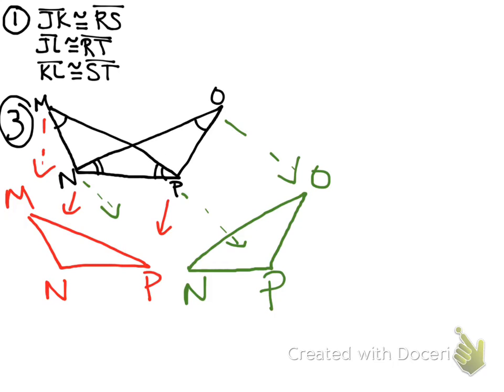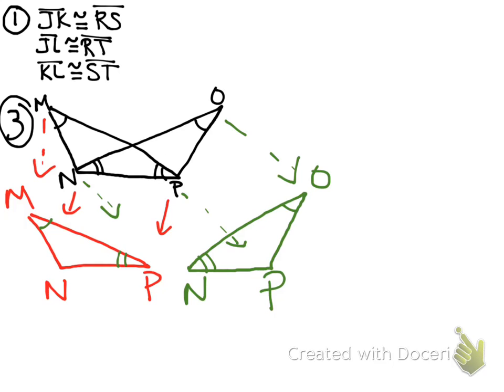Now, the tricky part is labeling what's congruent. So do you see how M and O were congruent? Go back and label them how they were labeled. And ONP matched up with MPN. So now I'm going to go and label those. Now, there's one piece that you might not catch.